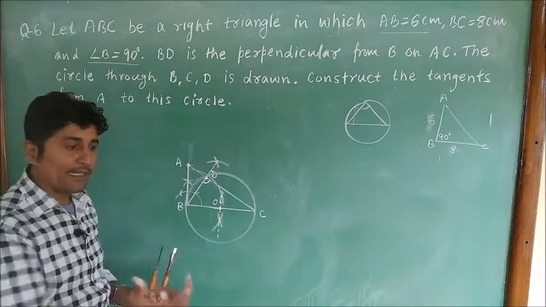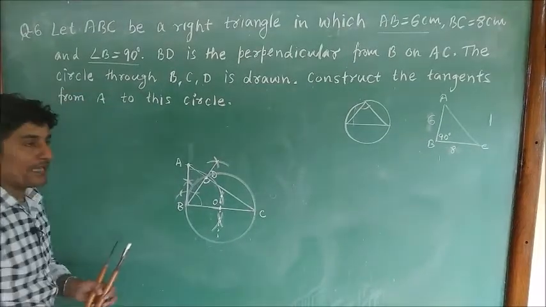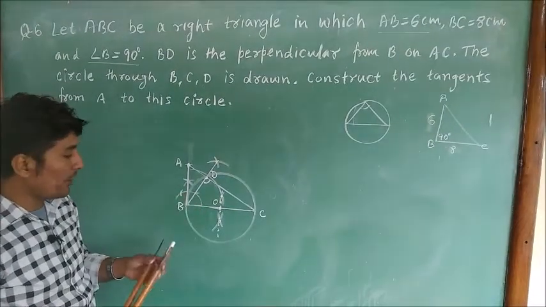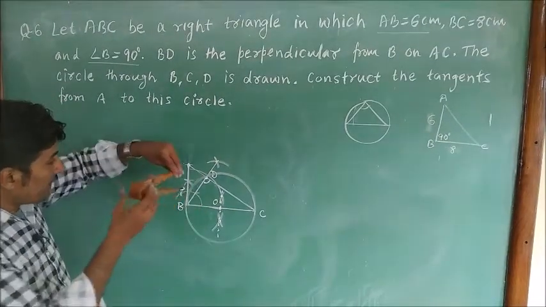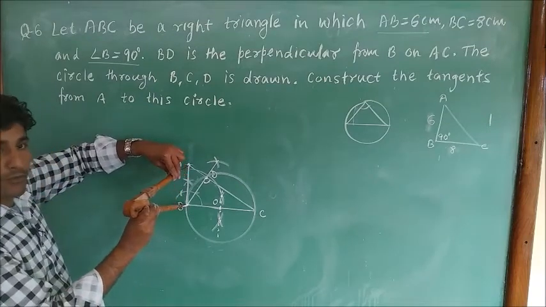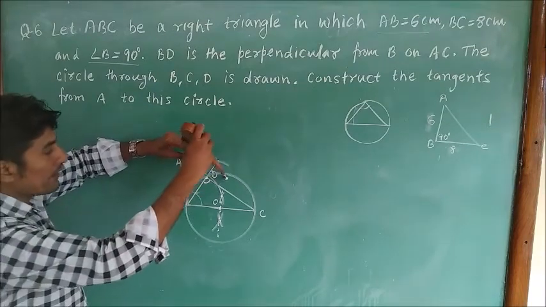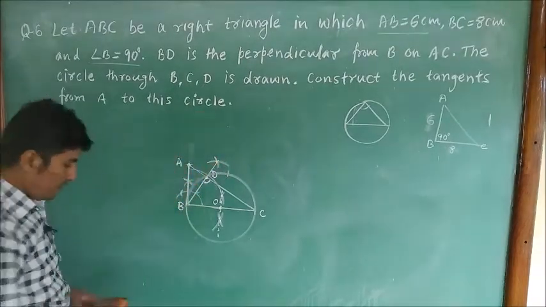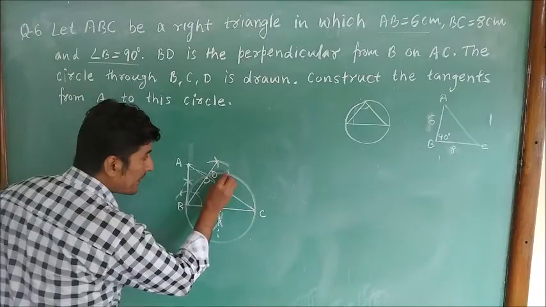To find the second tangent, it is very easy. As we know, the tangents from an external point are equal. So we have to measure the length of AB. AB is equal to this one. So we have to intersect on this side. So this is the length of the second tangent.